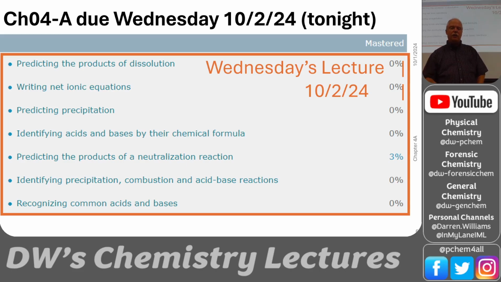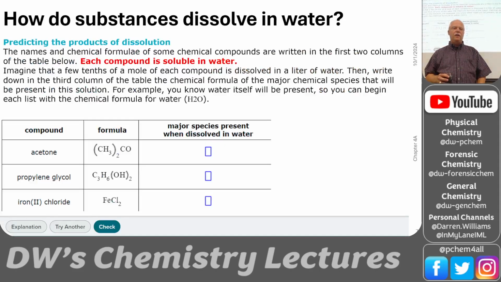Okay, here are the things that we're covering today. It looks like a lot, but a lot of these are just recognizing and selecting check marks. There are not a lot of calculations in this homework set. We want to think about how things dissolve in water, and not everything produces cations and anions when it goes into water. Most notably, organic molecules pretty much stay as a molecule in water.